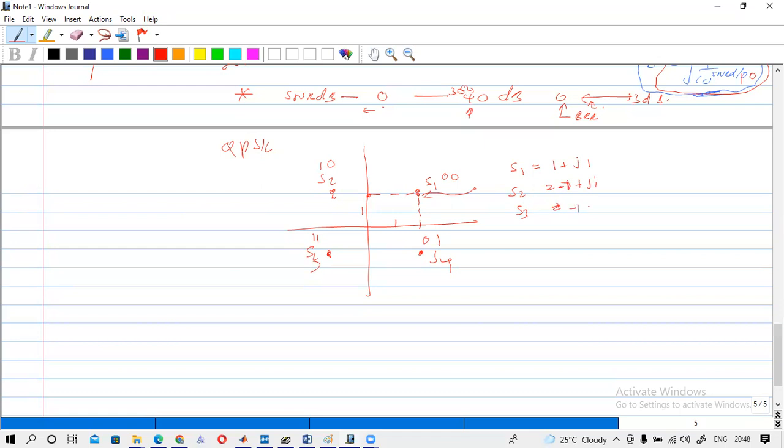S3 you will have minus 1 minus j1. S4 you will have plus 1 minus j1. So these are your symbols. You will have 4 symbols, and this is your transmitted symbol.